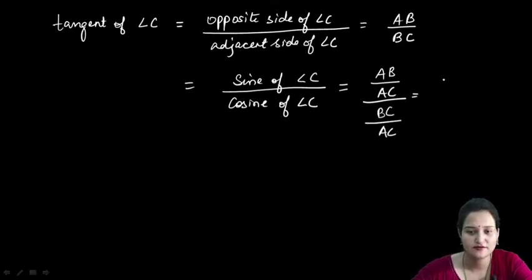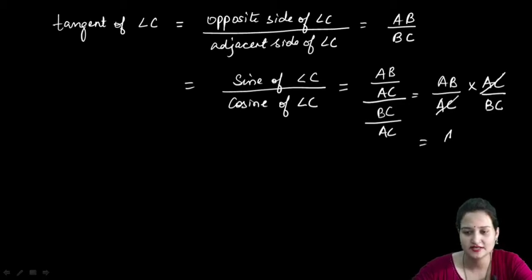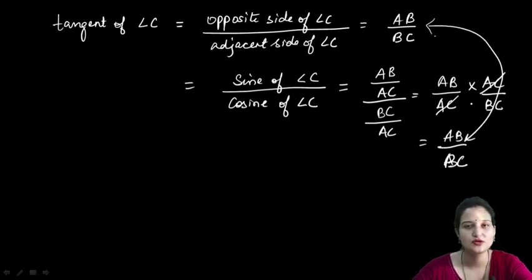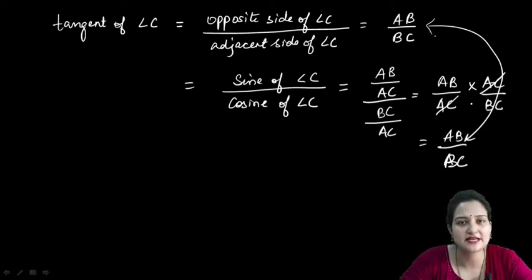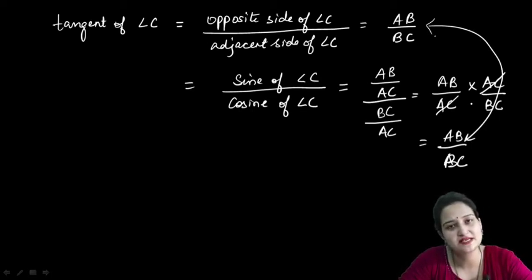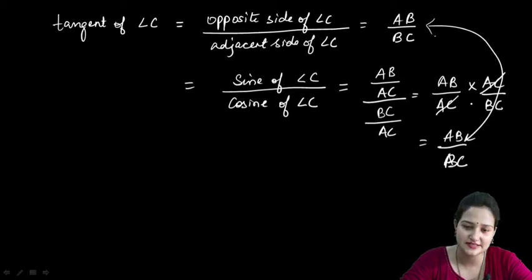Now, when we solve it, we will get AB upon AC multiply AC upon BC. Here it is. We will get AB upon BC. Just like that. So the tangent of angle C can be written as the sine of angle C upon the cosine of angle C.